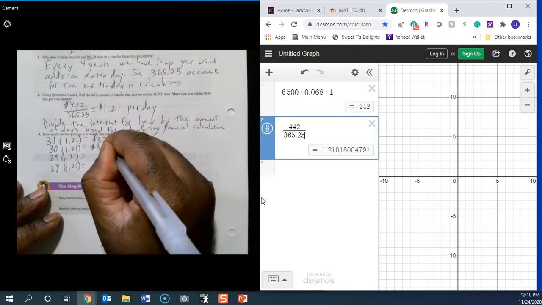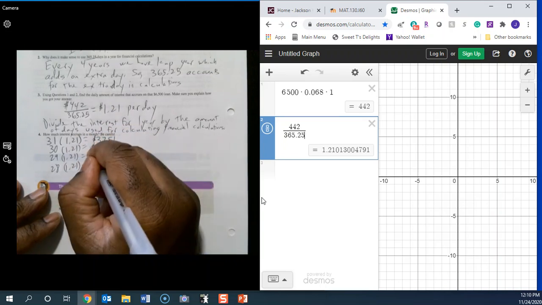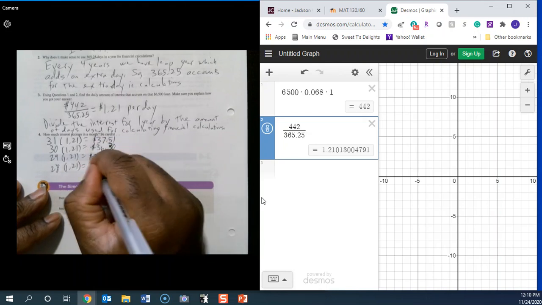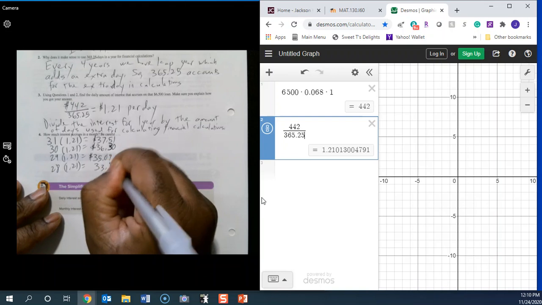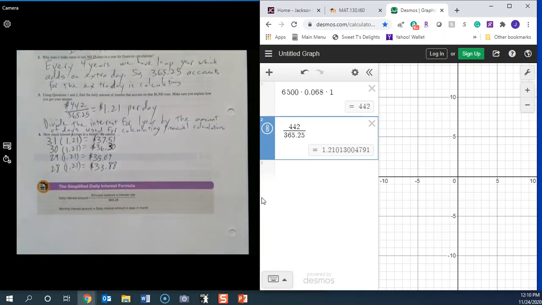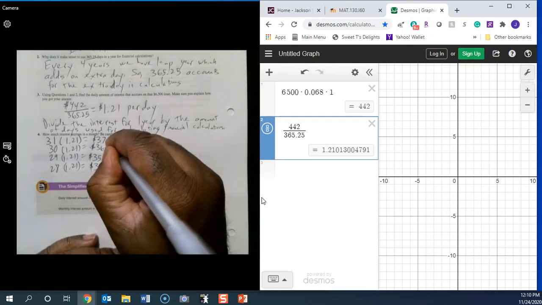So this would be $36.30 for the 30 days, $35.09 for 29 days, $33.88 for 28 days, and of course the 31 days was $37.51.